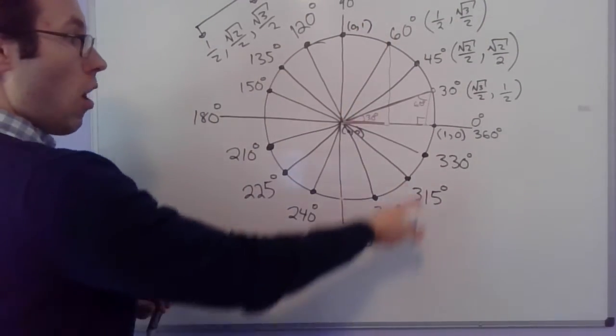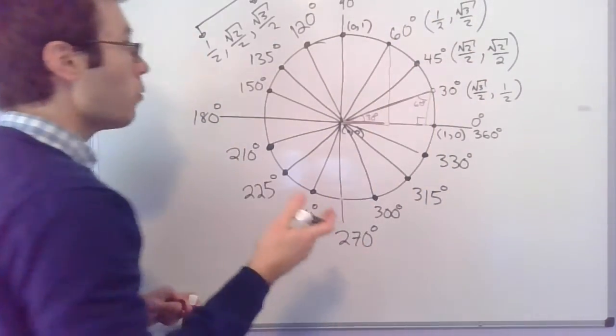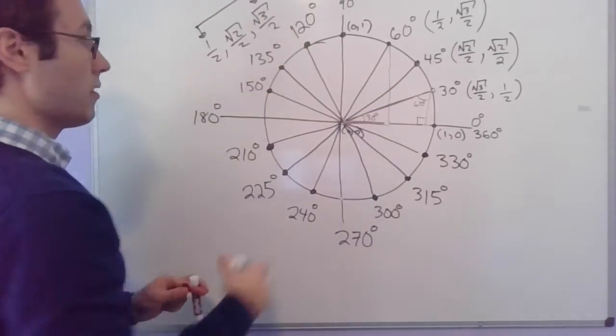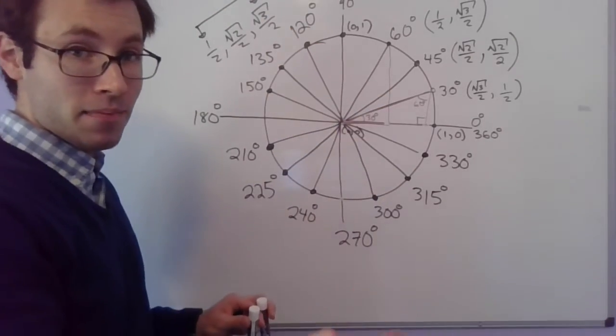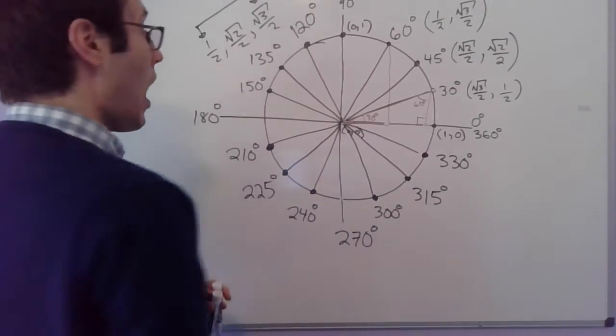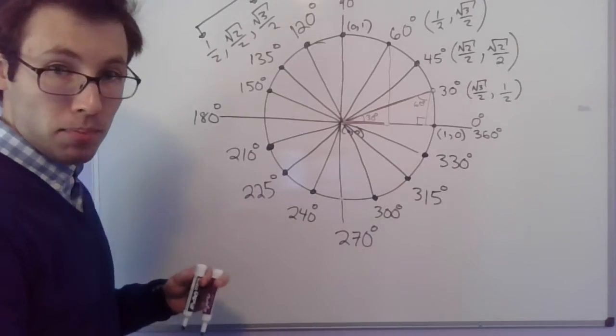Now, from all of these values here, here, and here, we can figure out all these other points. And the trick is just by eyeballing it. I'm going to show you what I mean. I'm going to erase some of these numbers so that we don't get them screwed up with our points.